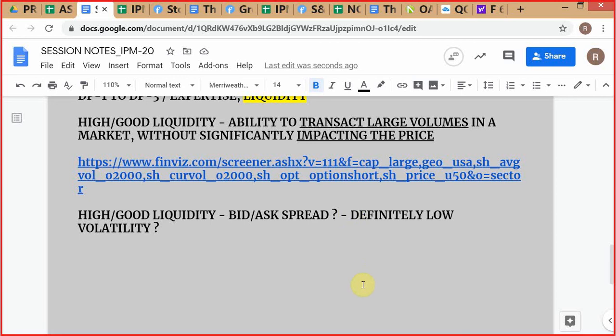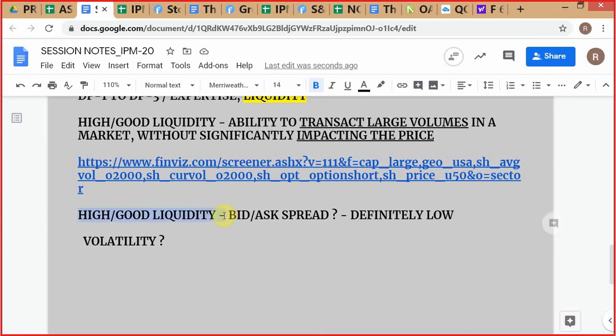If you are asking, does an 80-year-old person who is not wearing glasses have good eyesight? The answer is definitely yes. In this case, we define good liquidity by the bid-offer spread. If the bid-offer spread is low, then that's when we say that the liquidity is very good in this market. So the answer is definitely a low bid-ask spread if you have good liquidity.